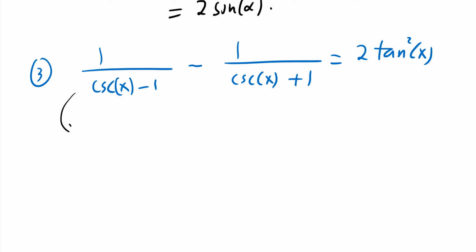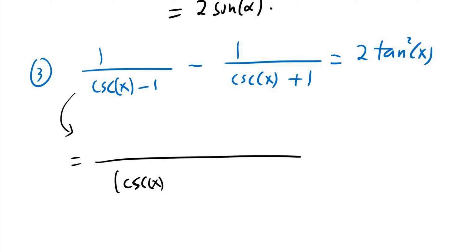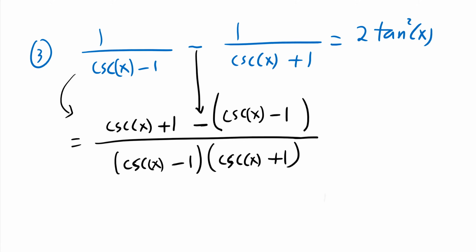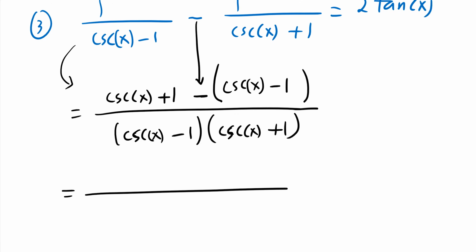The common denominator is cosecant x minus 1 times cosecant x plus 1. And what goes on the top? Here we get cosecant x plus 1 minus, this minus sign is very important, so we put parentheses there, and here we have cosecant x minus 1. So on the top we get cosecant x plus 1 minus cosecant x plus 1.